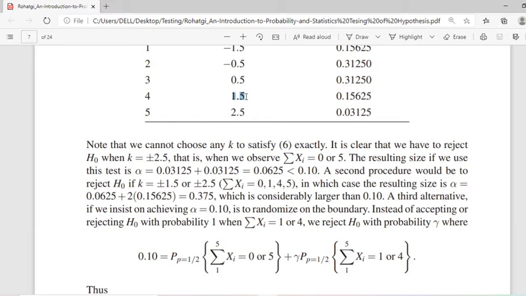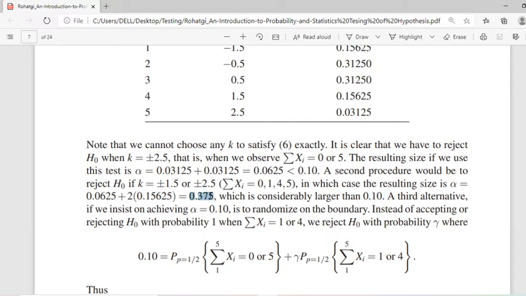So when we add the probabilities corresponding to sum equal to 0, 1, 4 and 5, we get 0.0625 plus 2 times 0.15625 and 0.15625, so that is 0.375. But this is much larger than 0.1.